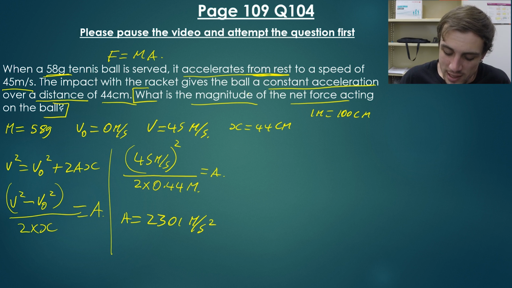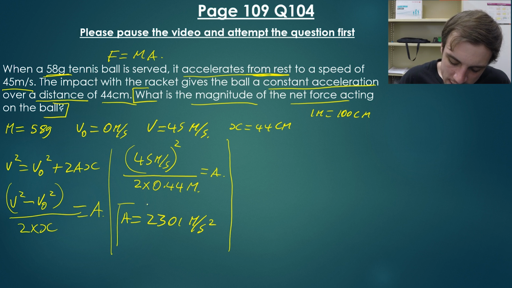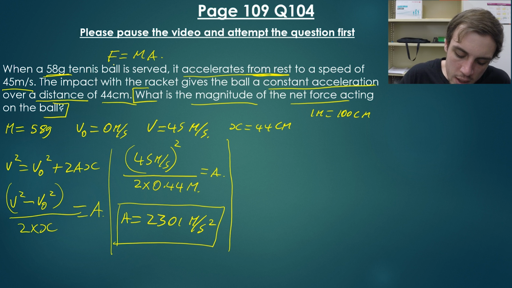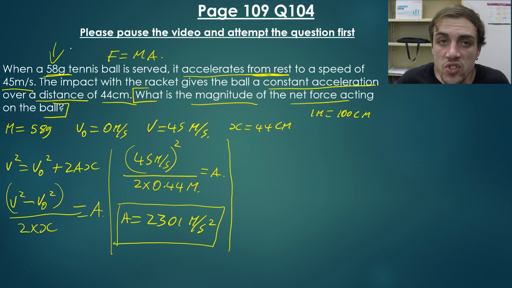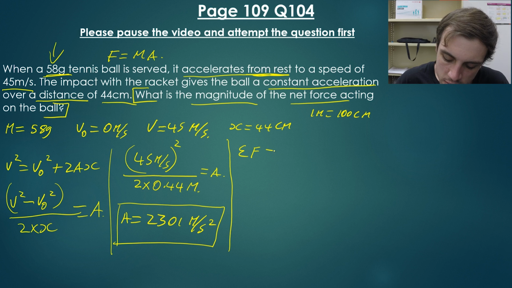So this thing is accelerating at an incredibly fast rate. We have our acceleration, and we know our mass from over here, so now we can solve for the total net force. The net force is equal to the mass, which is 58 grams.